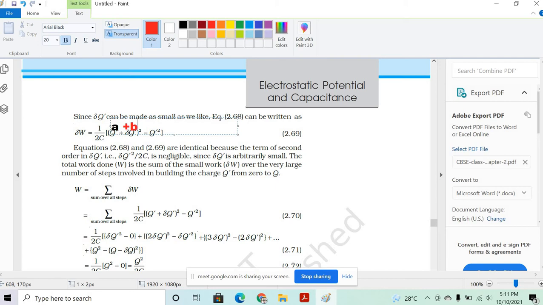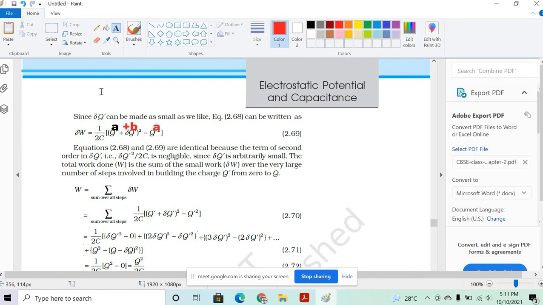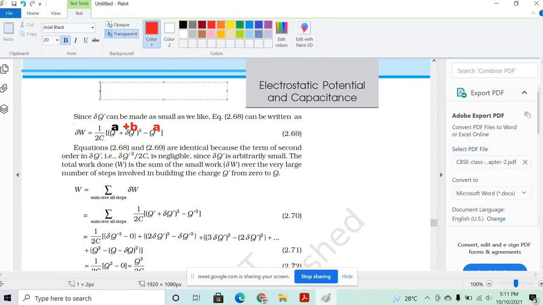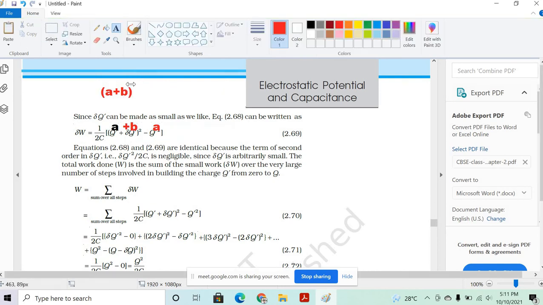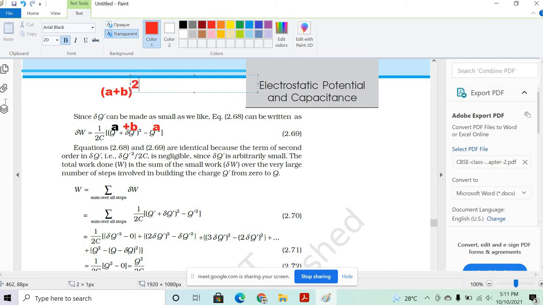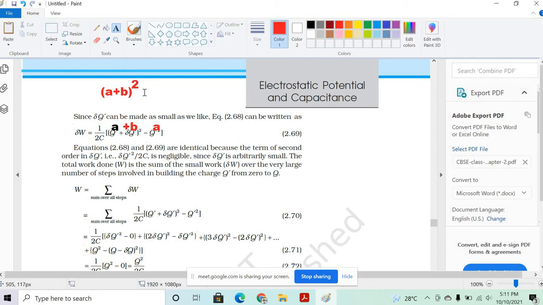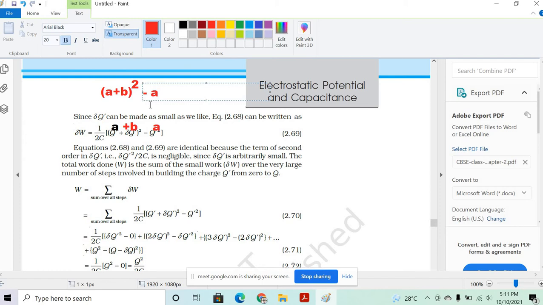Yes, sir. This is a and this is b and this is a square. So basically finally it is nothing but a plus b whole square minus a square, isn't it?